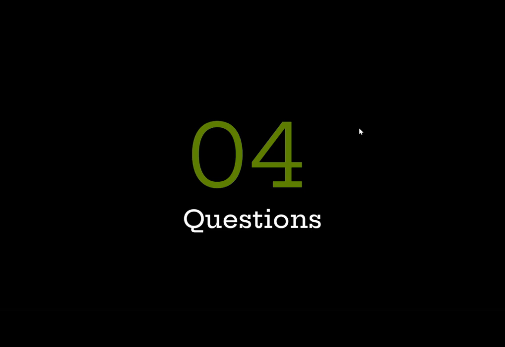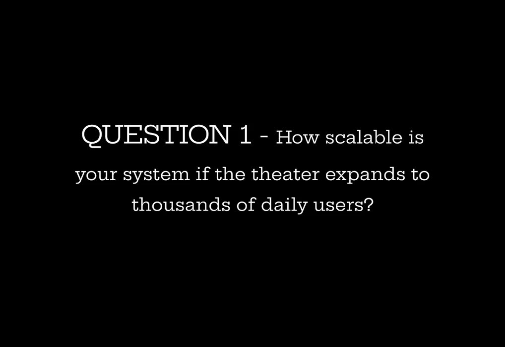So let's start with questions. Question number 1. How scalable is your system if the theater expands to thousands of daily users? Our answer to this is that our system is inherently scalable because of our thread-safe design. Each major responsibility is located in its own compartment, allowing adjustments to be made easily without having to rewrite the entire code.